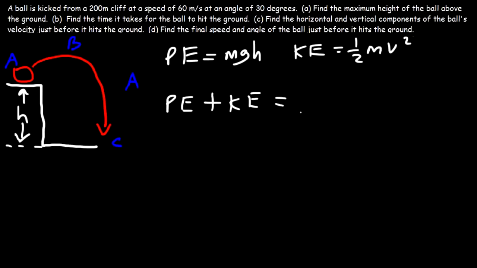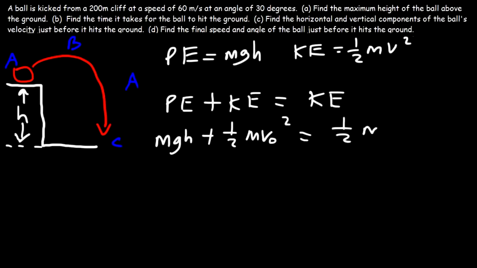Now, position C, it's at ground level, so it doesn't have any potential energy. It no longer has the potential to fall, but it still has kinetic energy just before it hits the ground. So mgh plus 1/2 mv initial squared is going to be equal to 1/2 mv final squared.